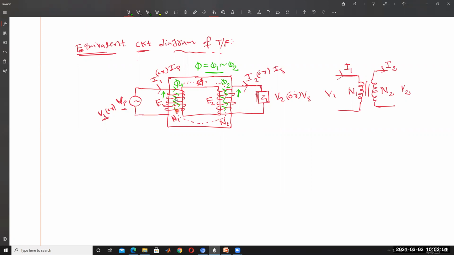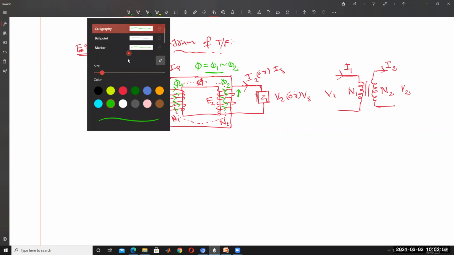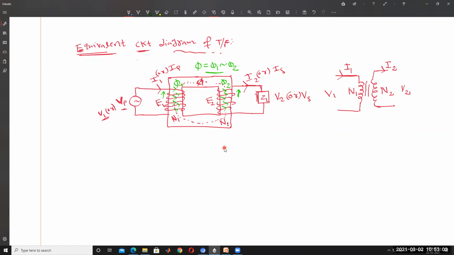This flux is called useful flux, but some amount of flux is not linking to the primary winding of the transformer. That flux is called leakage flux. Some amount of flux is not linking to the transformer winding. It is passing through the air.